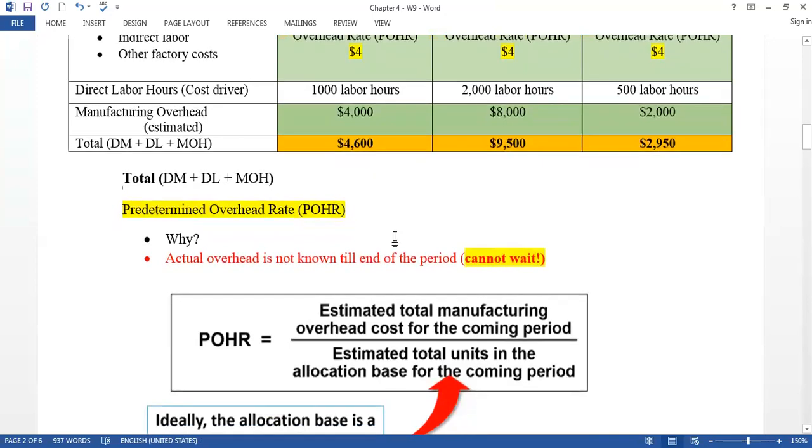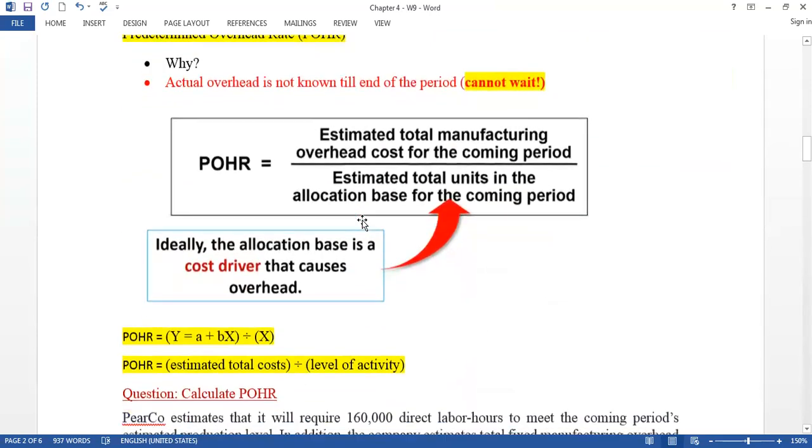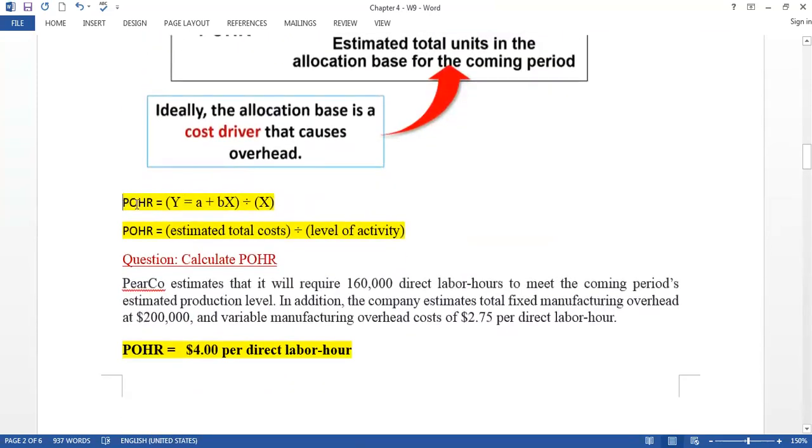Now the question is how to calculate the predetermined overhead rate. What is the formula? And this is the formula. Can you remember it? In this formula, we have two parts. The first part is y equal a plus bx, and the second part is x.